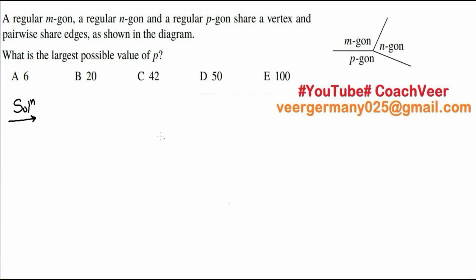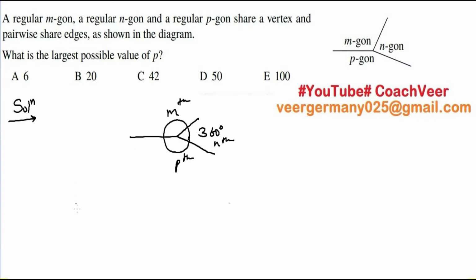So the total angle which they all make, as we see, is 360 degrees, right? And how can we divide this whole angle into the mth part, the nth part, and the pth part? How to divide this and how to find them?